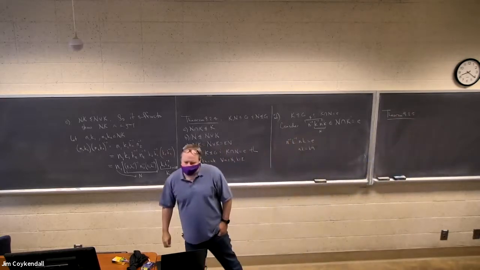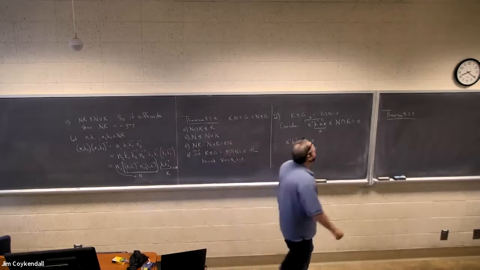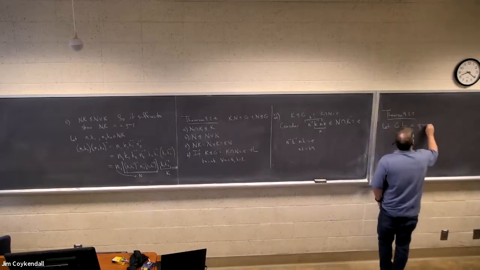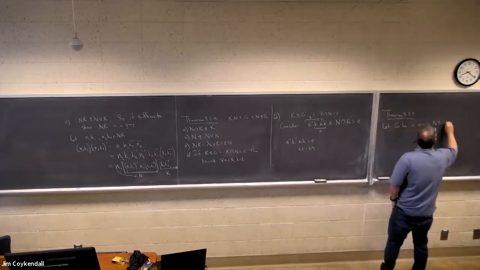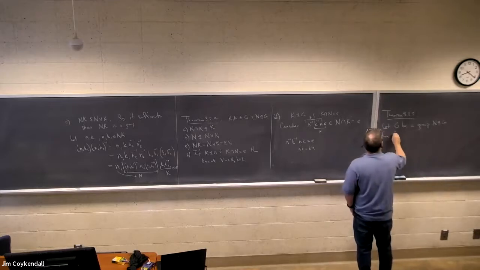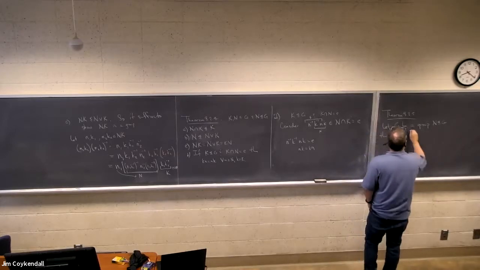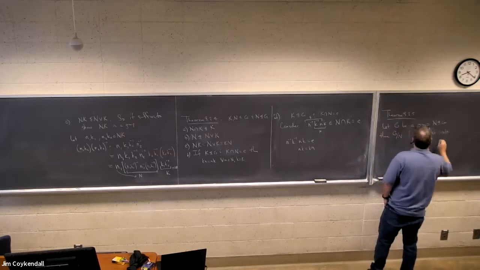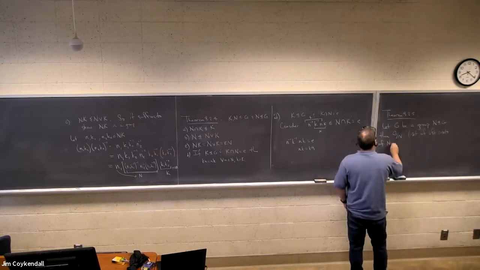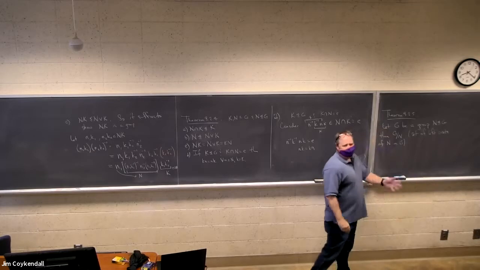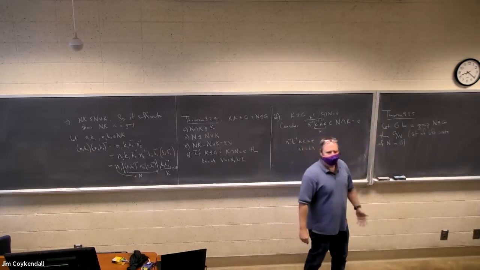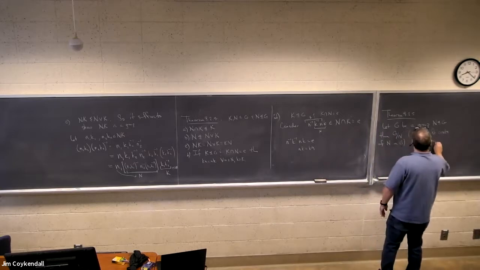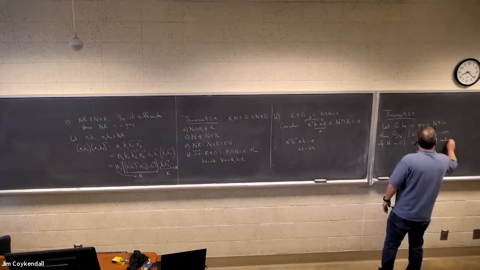Suppose that G is a group and N is a normal subgroup, normal in G, then the set of left cosets of N in G. This could be right cosets too. I just prefer to do it this way. Is a group under.